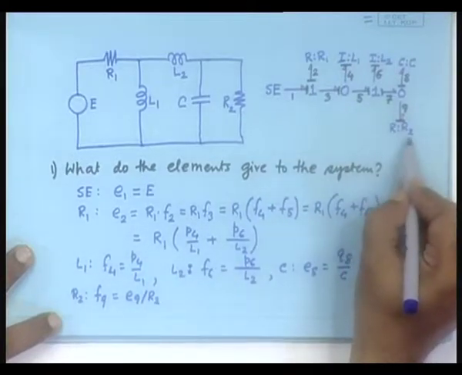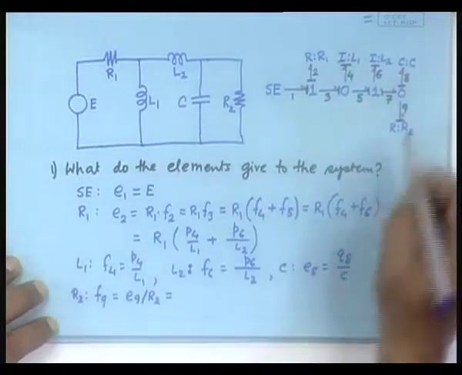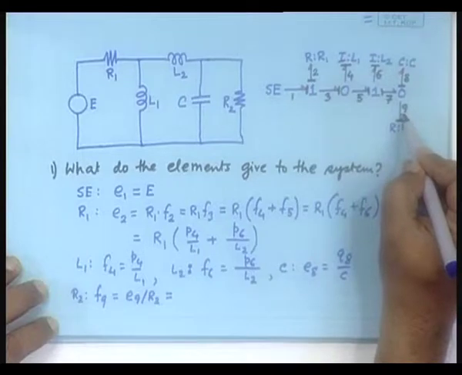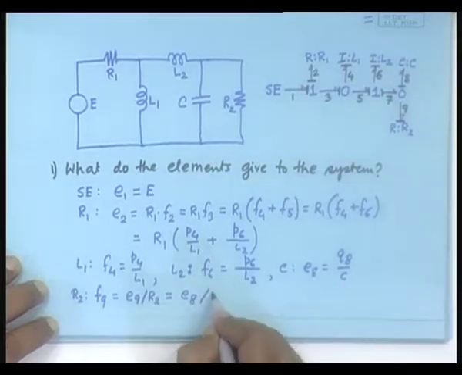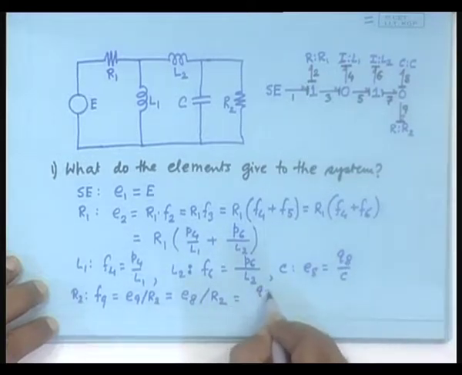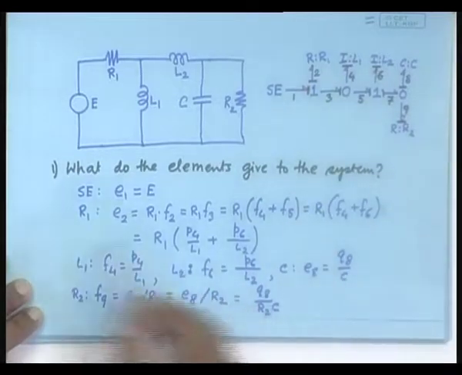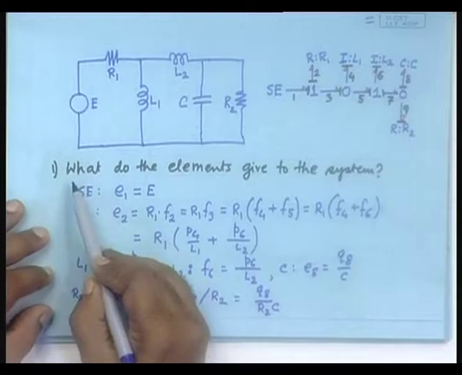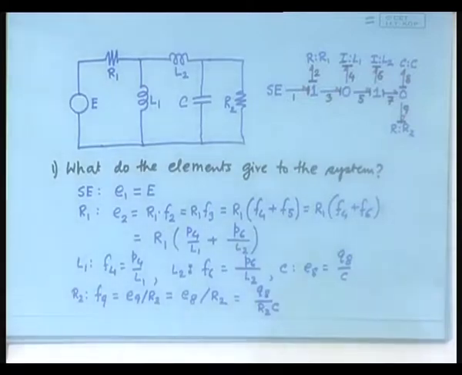So, we have related to the character of that particular system element, and then E9 we have to scout the rest of the bond graph to find out where this fellow got created. E9 was created at E8, right. So, E8 by R2, and E8 we know is Q8 by C, so it is Q8 by R2C. Fine. So, we have obtained everything. We have obtained the answers of this question related to all the elements. So, the first part is done.